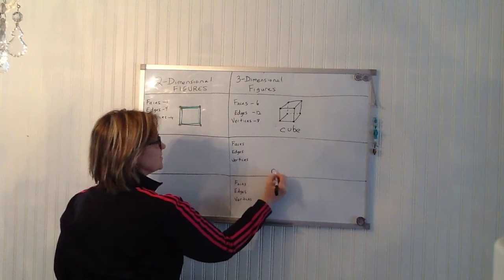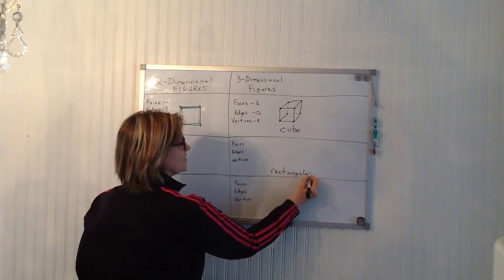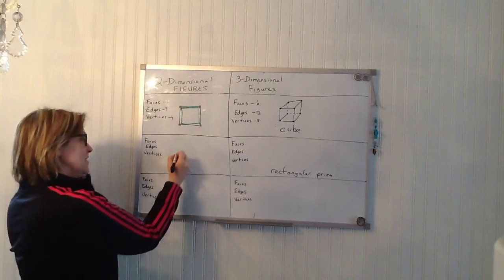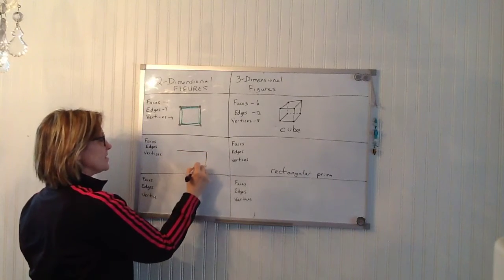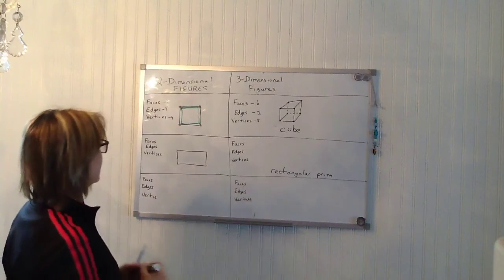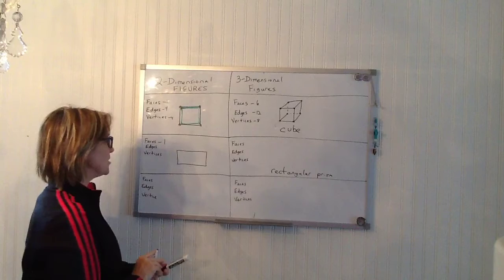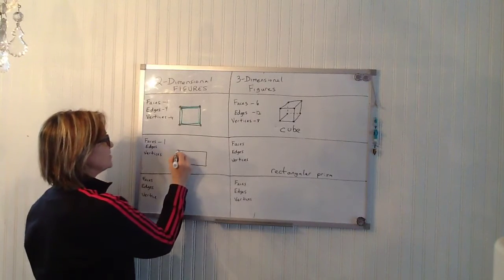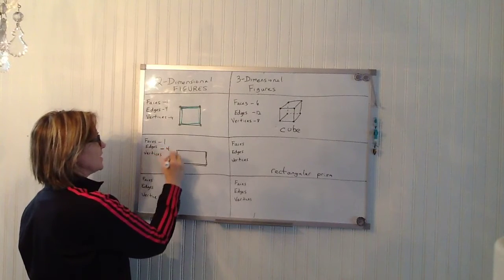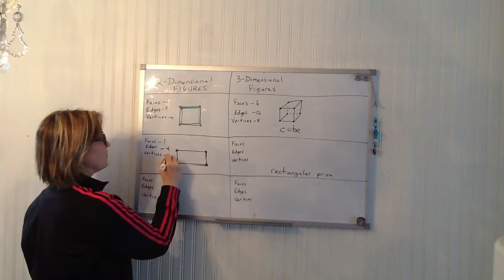We're going to get into our rectangular prism by starting with a 2D rectangle. So a rectangle would look like this, and as you can see, it has just one face for now because it's 2-dimensional. It has 1, 2, 3, 4 edges, and 1, 2, 3, 4 vertices.